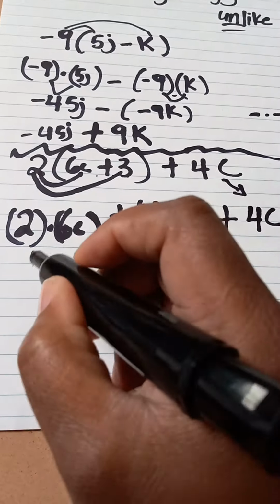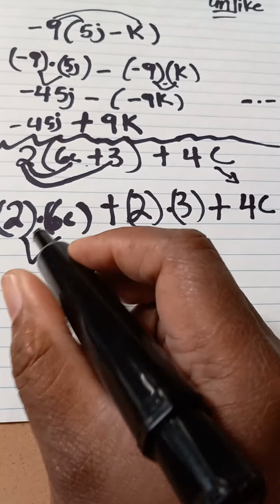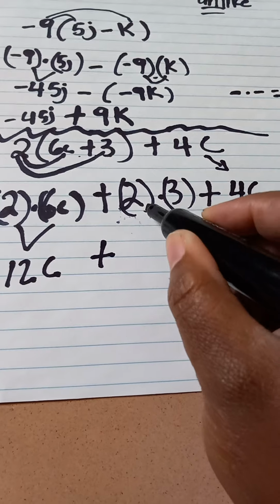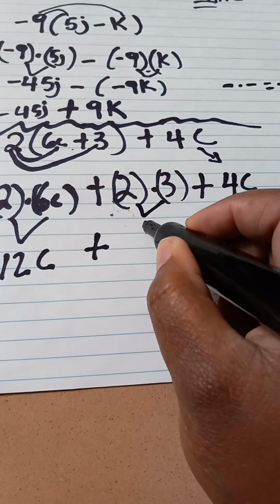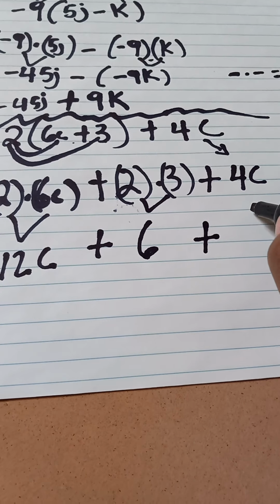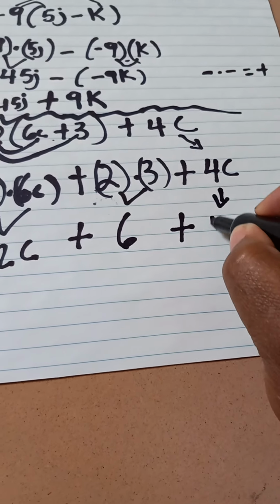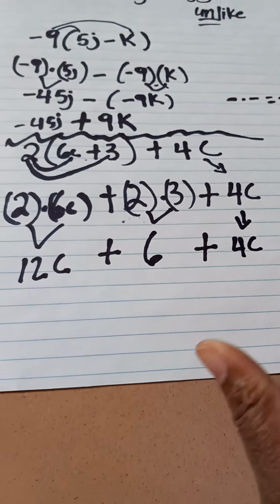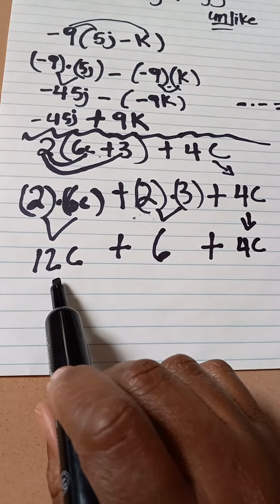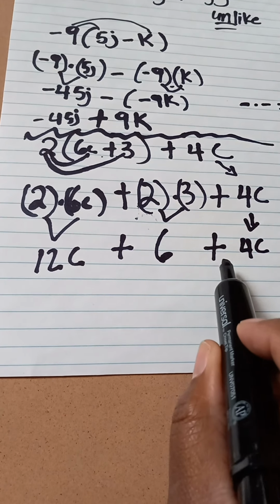Okay, let's go ahead and simplify this. 2 times 6 is 12c, plus 2 times 3 is 6, plus bring down my 4c. So after doing that, I have 12c plus 6 plus 4c.